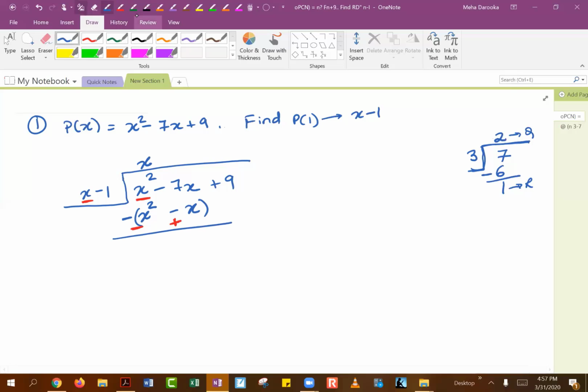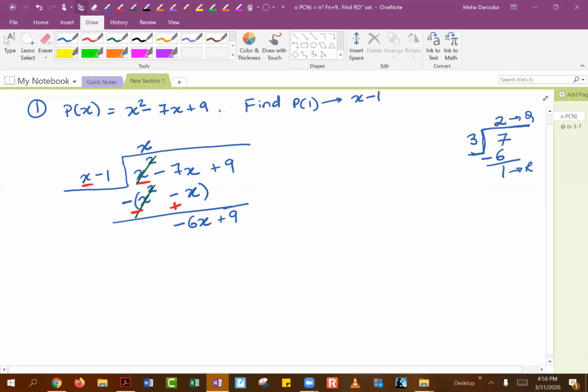So when you do the cancellations, this positive x squared will now cancel out with this negative x squared, and then your negative 7x is being added with a positive x. So -7 plus x will end up giving you -6x here. Go ahead and bring down this +9.